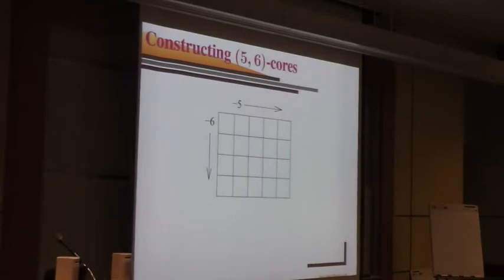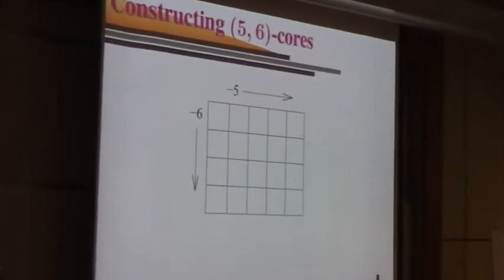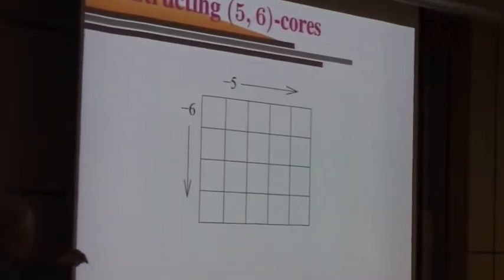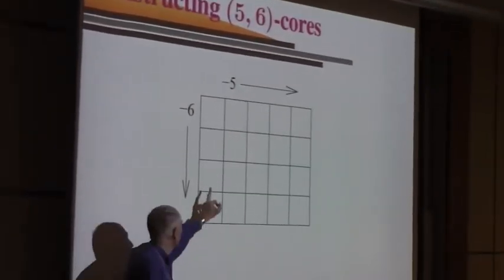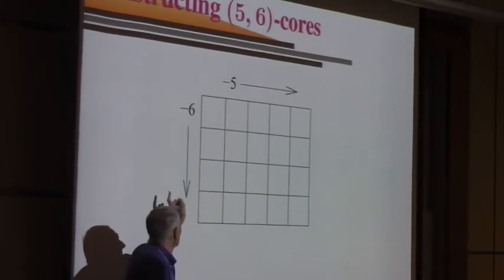So I'll try to explain the connection with, let's say, Dyck paths. For (5,6)-cores, we're going to do an (n-1) by n rectangle, 4 by 5.